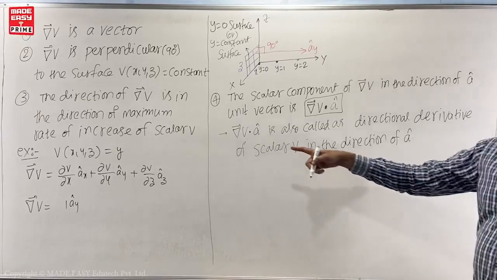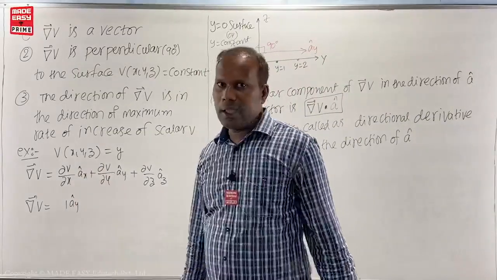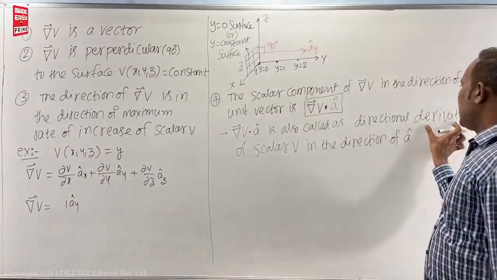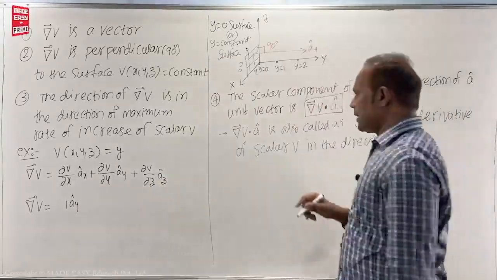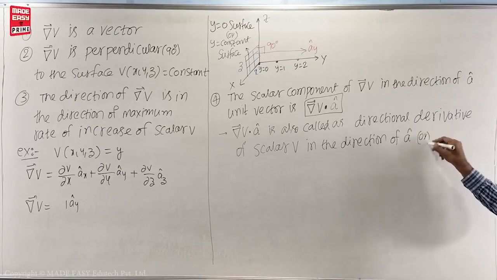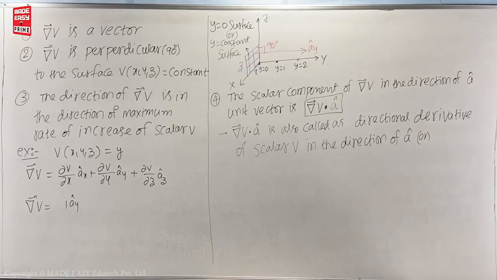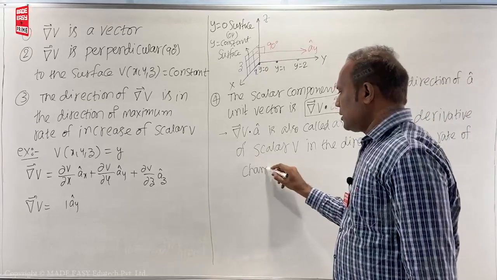I told you, no? This grad v means dou v by dou x and so on, derivative in every direction. So that is called the directional derivative. It is also called the rate of change.